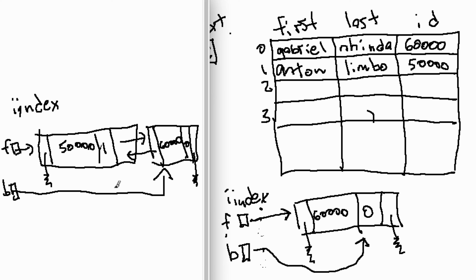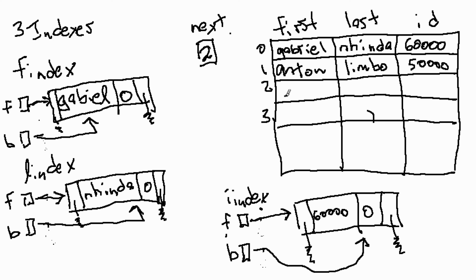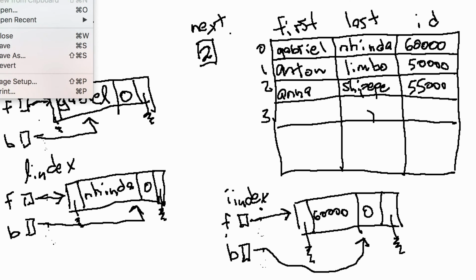And finally, let's insert one more person, and I'm going to insert Anna Shipepi. And Anna has an ID number of 55123.